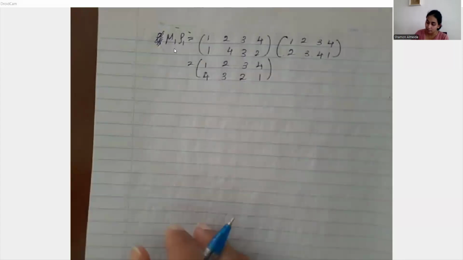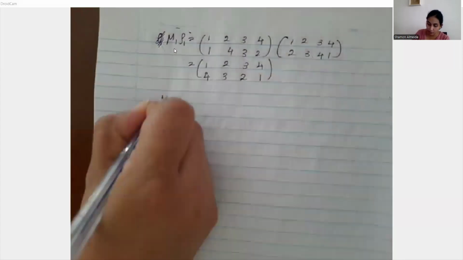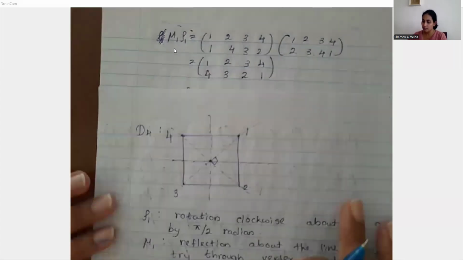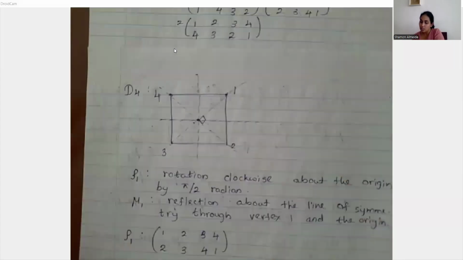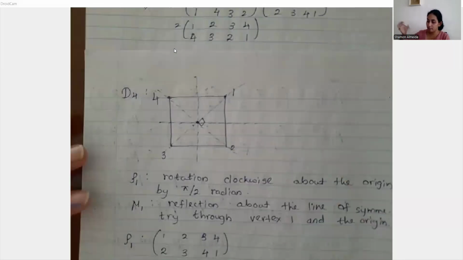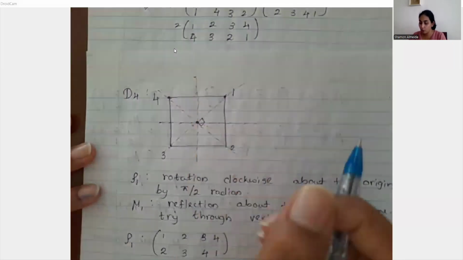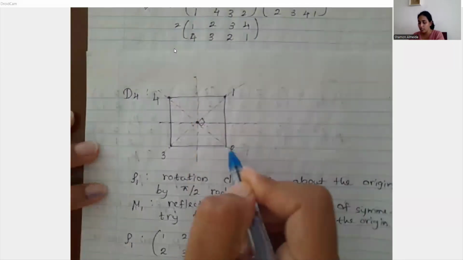And then we will calculate mu1 rho 1 squared. Now what happens over here? If you go back to this one once again, what I said earlier, when I said these elements will be fixed, they are fixed in their places after that rotation. So we have to keep that in mind. When you rotate it by an angle of pi over 2, 1 will be here, 3 will be here.